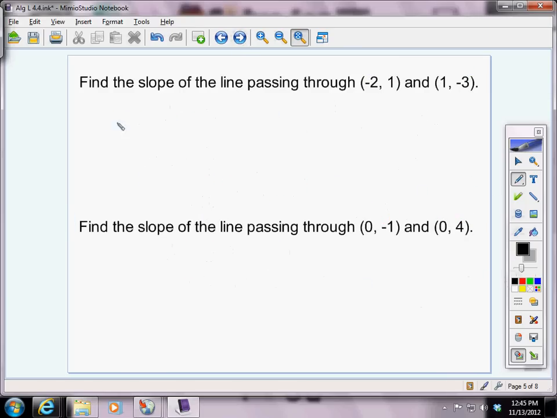Again, if I write down my formula, slope equals the difference in our y's over the difference in our x's, rise over run. Okay, and if we're going to label our points here, x1, y1, x2, y2.